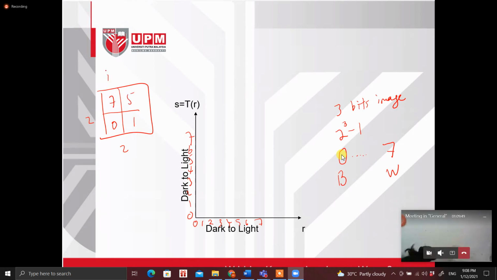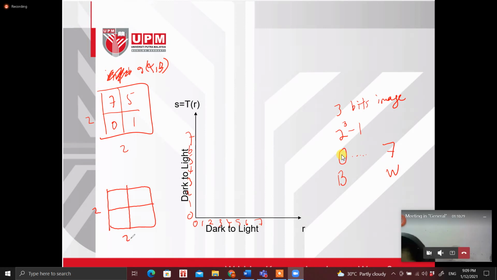Again, just not to confuse you with the previous slide, I'm going to call this the image that you want to improve, G alpha beta. This is the image that you capture with the camera and you want to improve, and you want to get one output image. The size is similar, 2 by 2.